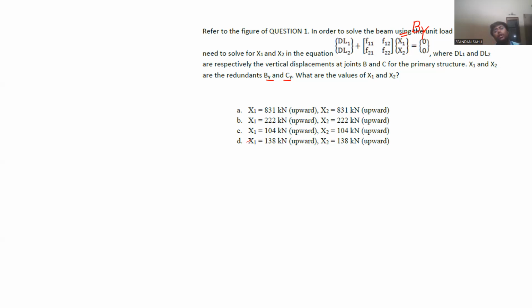Since we are putting it upward, there will be upward displacement, but under the external load it was downward displacement. So DL1 was downward displacement.